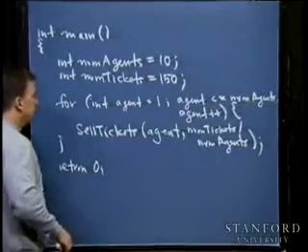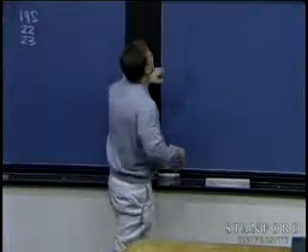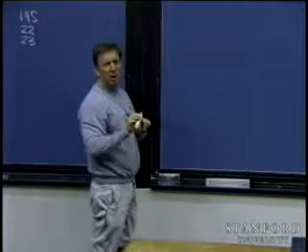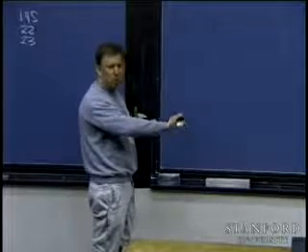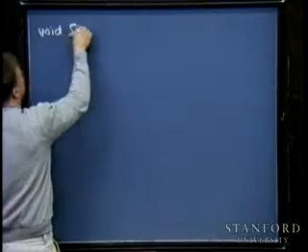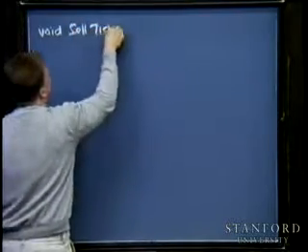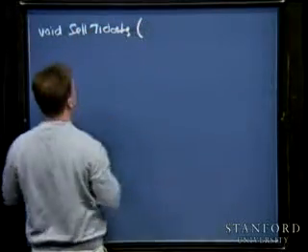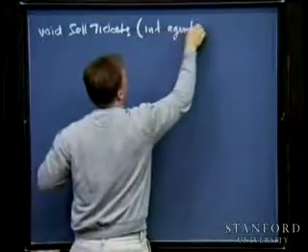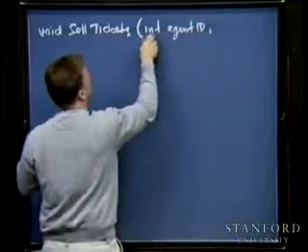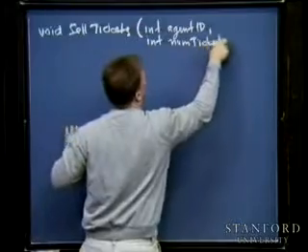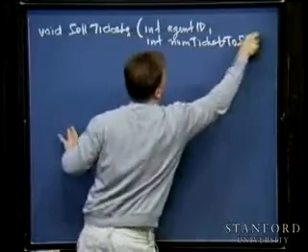The implementation of sell tickets is not going to be rocket science. I'm going to write it a little bit differently than I would traditionally write it because I'm paying forward to the way we're going to change the example in a second. Void sell tickets, int agent ID, int num tickets to sell.